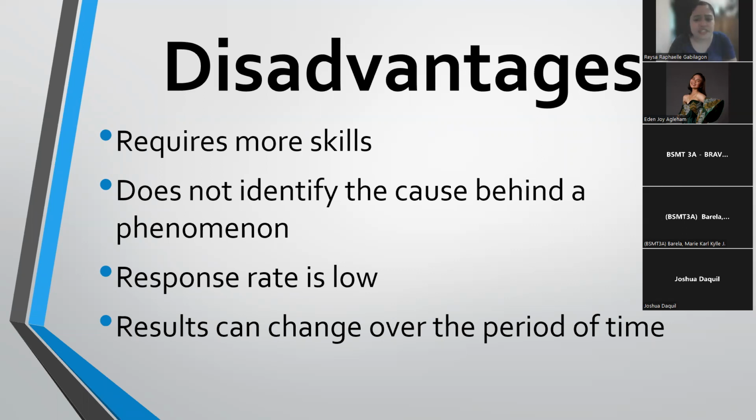And results can change over the period of time. If, for example, this certain issue was studied before, the results of their study might not be true nowadays. Example, knowledge on dengue. Kung dati ang result ng previous researcher, mababa yung knowledge ng residents of Jensen sa dengue, hindi ibig sabihin na until now, mababa pa rin.